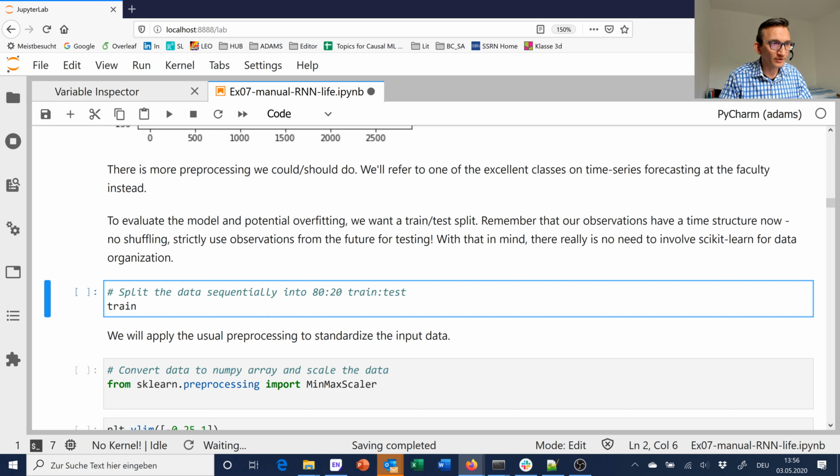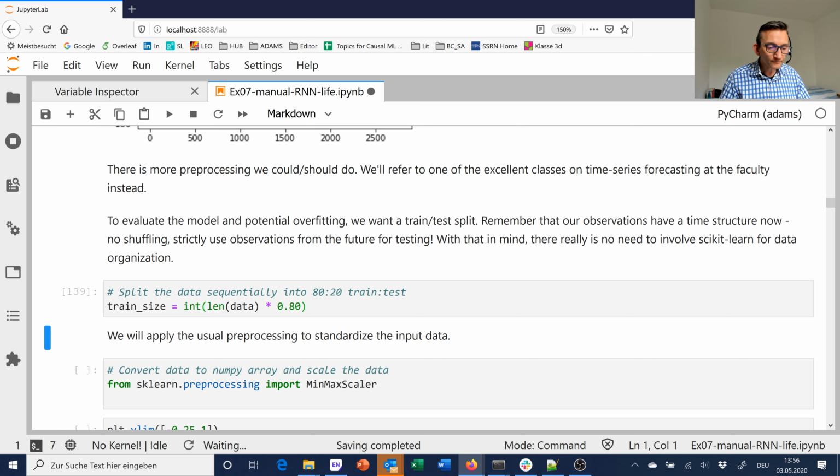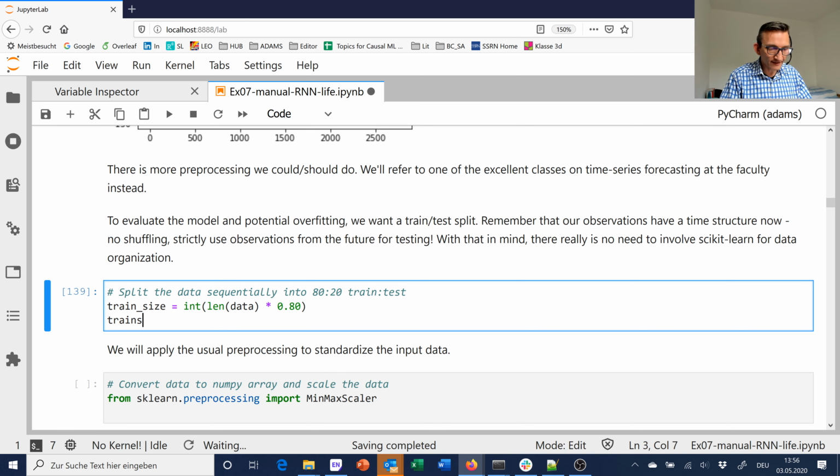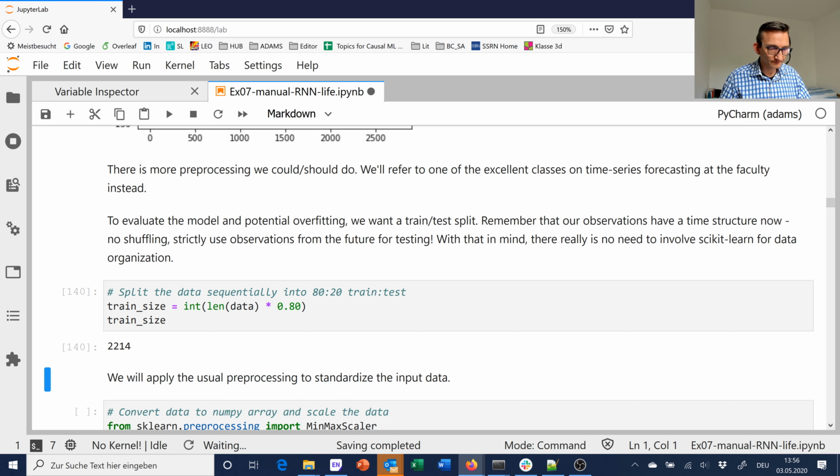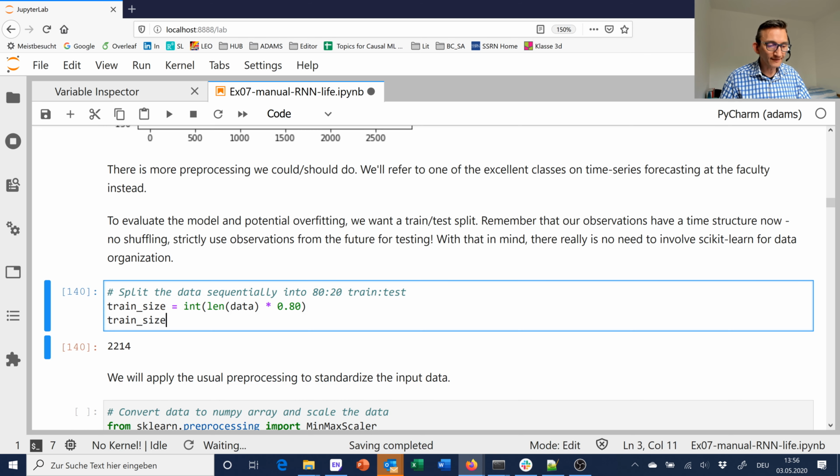So what we can do is we first of all can compute the number of observations that we need to do the training, which basically depends on how I split my data. We could say we want to have 80% of the data in the training set, which equates to 2,214.